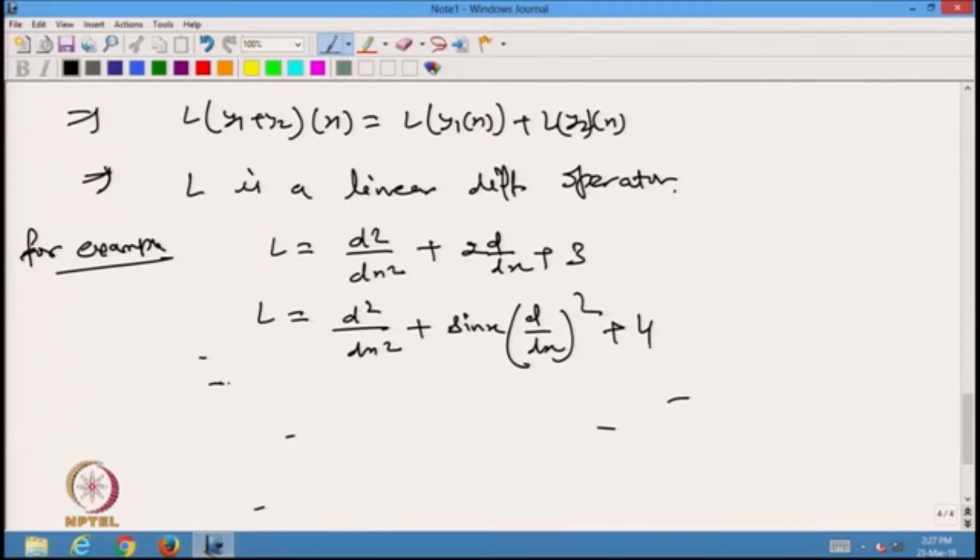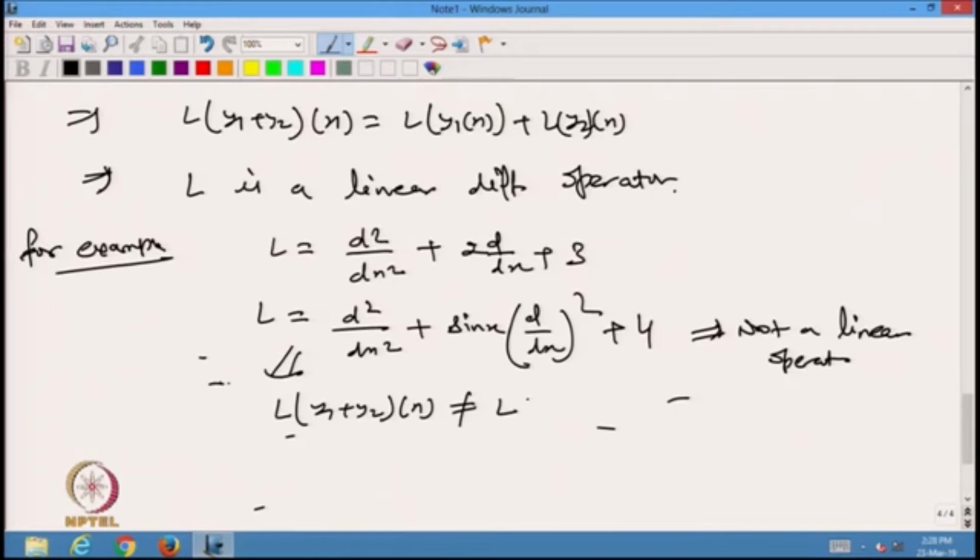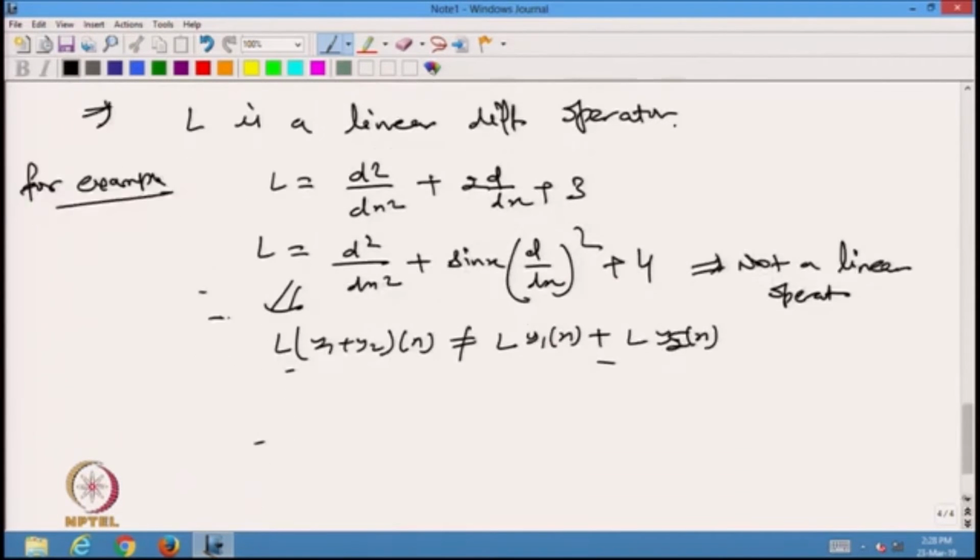In this case I have a square of the derivative, so I can prove that this is not a linear operator, because L of (y1 plus y2)(x) is not equal to L of y1(x) plus L of y2(x). It can be proved very easily, so you can do that as homework.